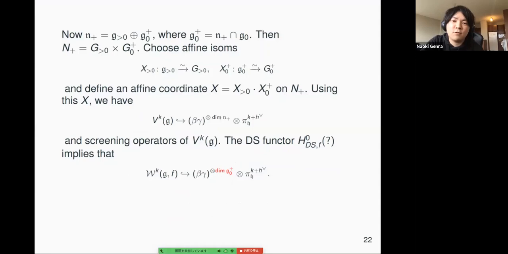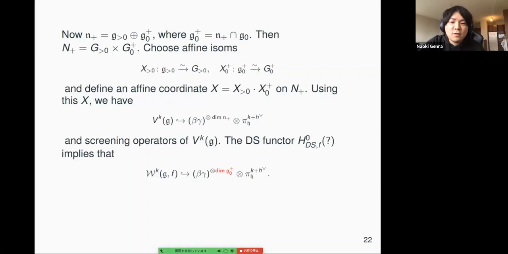We can choose affine isomorphisms, denoted by x positive and x0 plus, and define the affine coordinate x on N plus by x positive times x0 plus. The point is that I fix the order of this multiplication. I think there is some choice for x positive and x0 plus, but I fix the order: I put x positive on the left and x0 plus on the right.